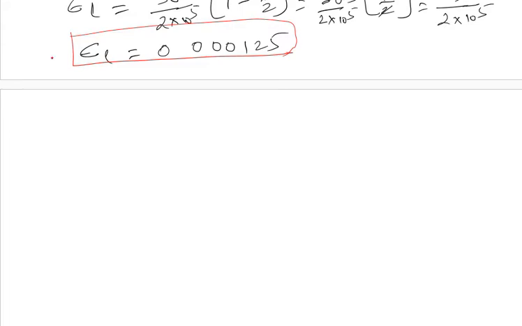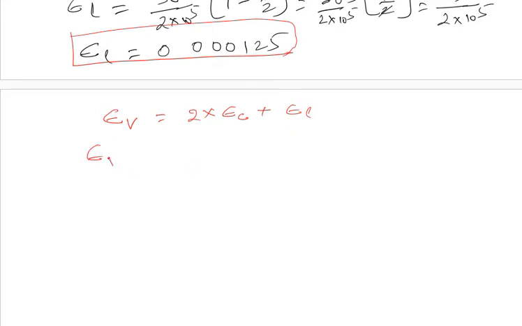We know that volumetric strain epsilon V is equal to twice the circumferential strain plus the longitudinal strain, that is 2 epsilon C plus epsilon L, correct?